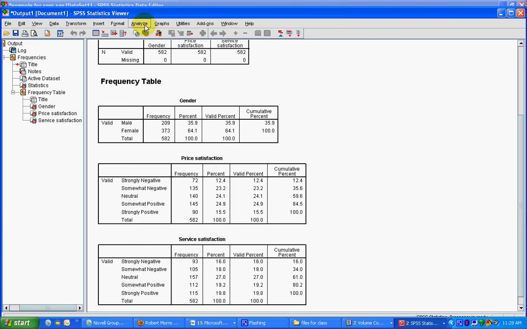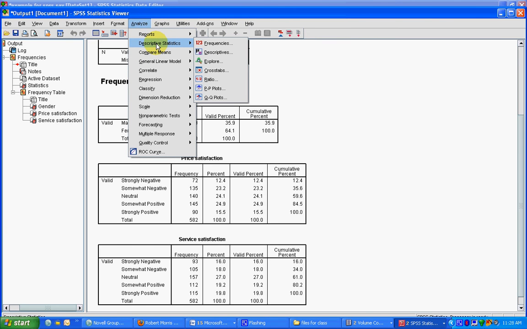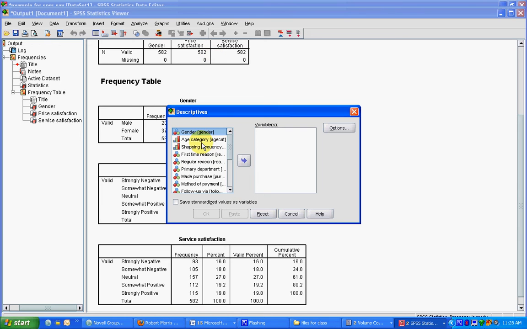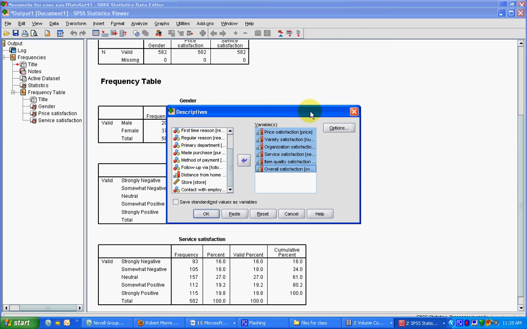So I go Analyze, Descriptive Statistics again, and I come to Descriptives. And here I'm going to put in my variables. I'm going to click on Price Satisfaction, hit the Shift key and go down to Overall Satisfaction. I click on that, and it gives me all of the variables in one chunk. I enter them into the variables. So now I'm going to be doing the descriptives for these.